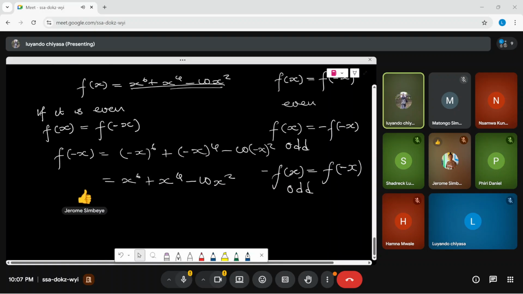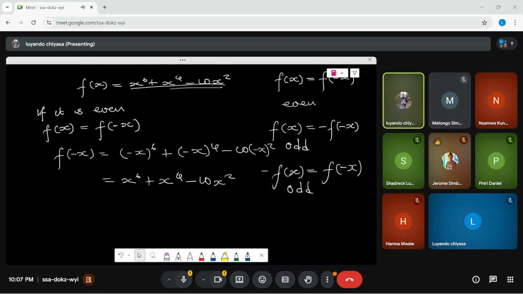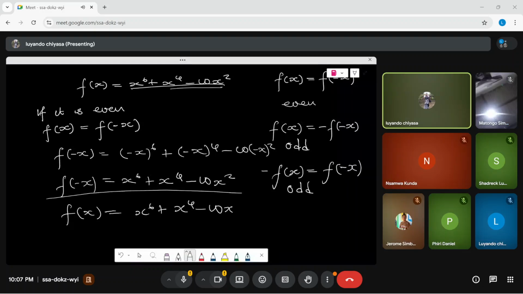Yes, we are following, sir. So this means that this is f of negative x. If we compare f of negative x to f of x, you find that these two are just the same.